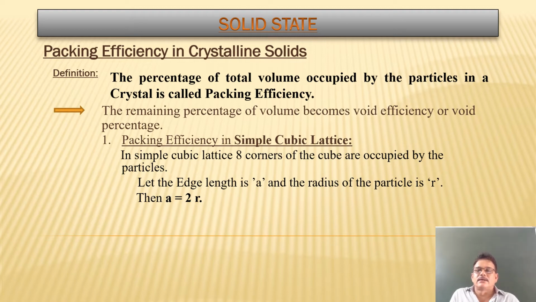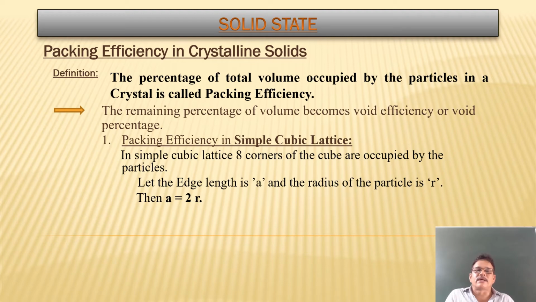And the contribution of each corner particle to one unit cell is 1 by 8, because this particle is in contact with 8 unit cells while forming the entire crystal lattice. Okay, right?